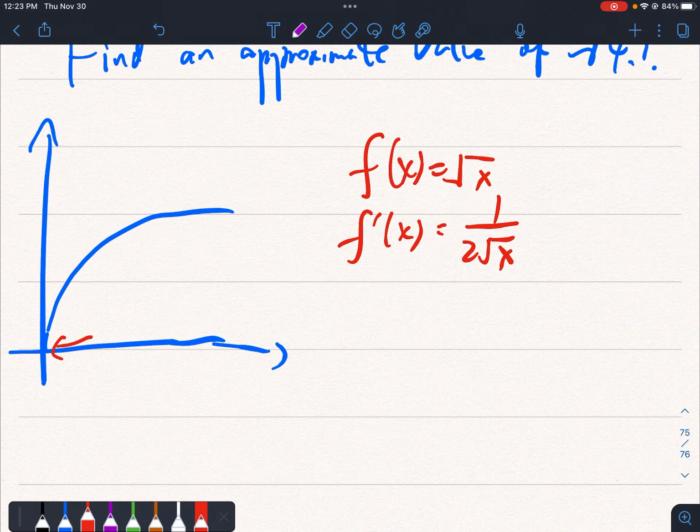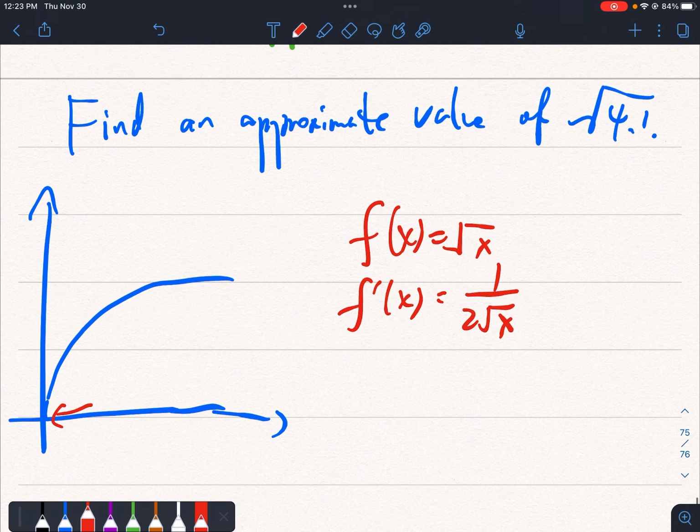Here x is approaching 0 from the right, so this will be positive infinity. Geometrically speaking, the tangent line at this point is vertical, or the limit of the derivative is plus infinity. Which means the derivative does not exist at this point, but we can say that it is infinity.